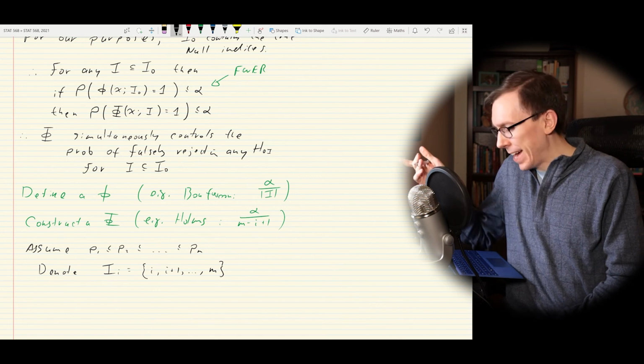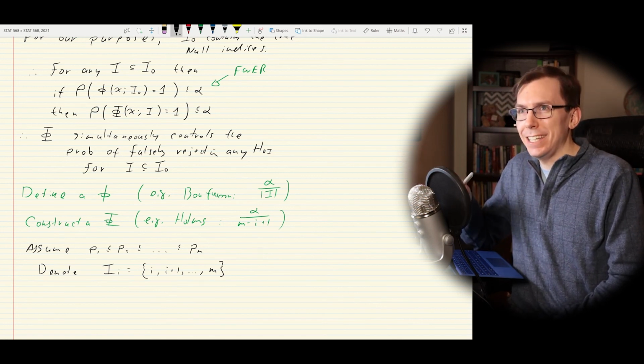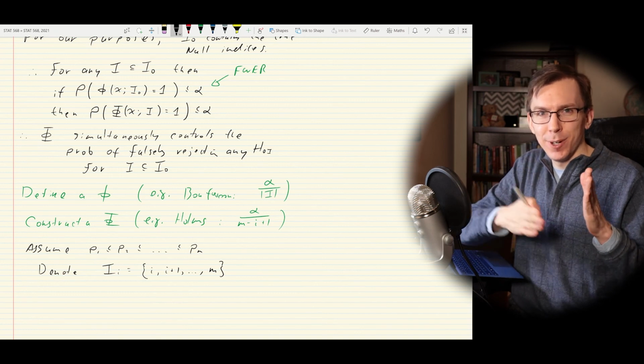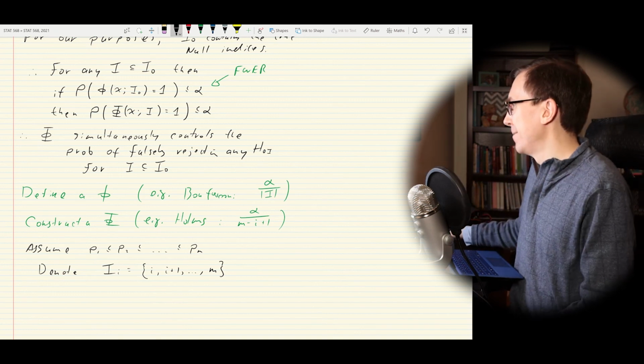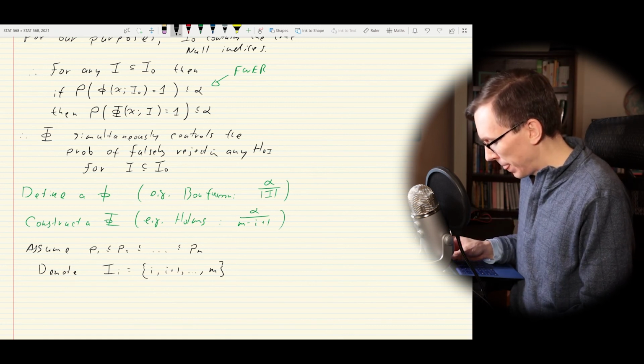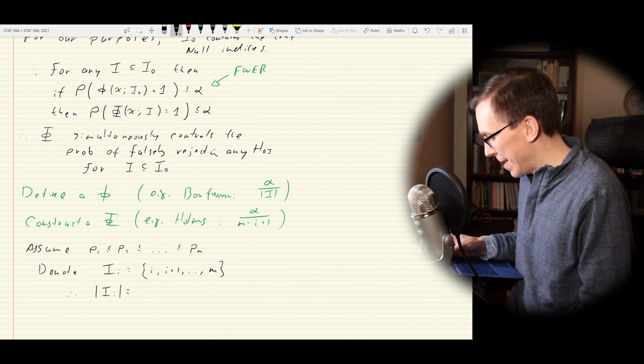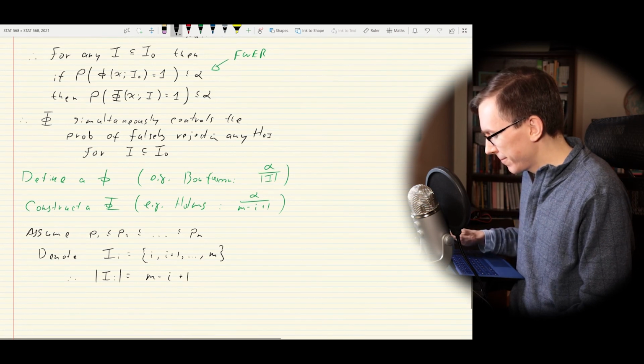All right, so now we have our I sub little I, which is all indices I plus 1 up to m. Therefore, the cardinality of this set is going to be m minus I plus 1.